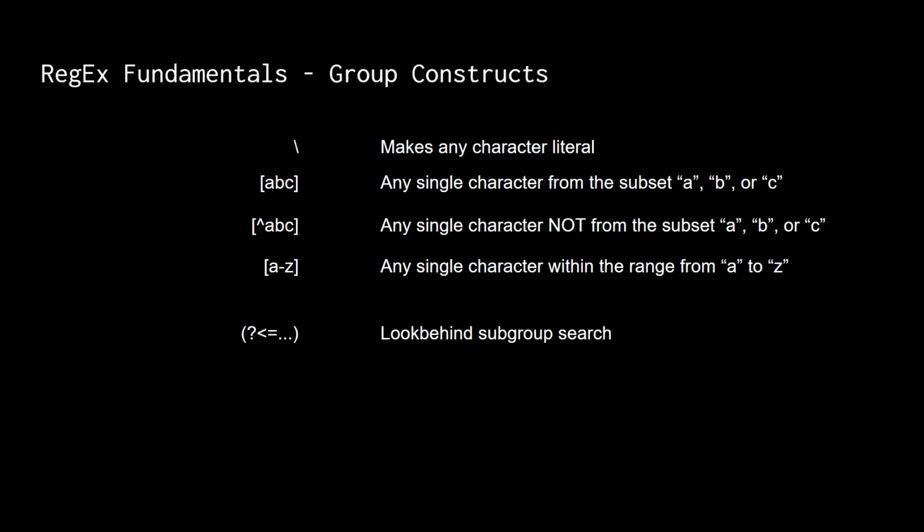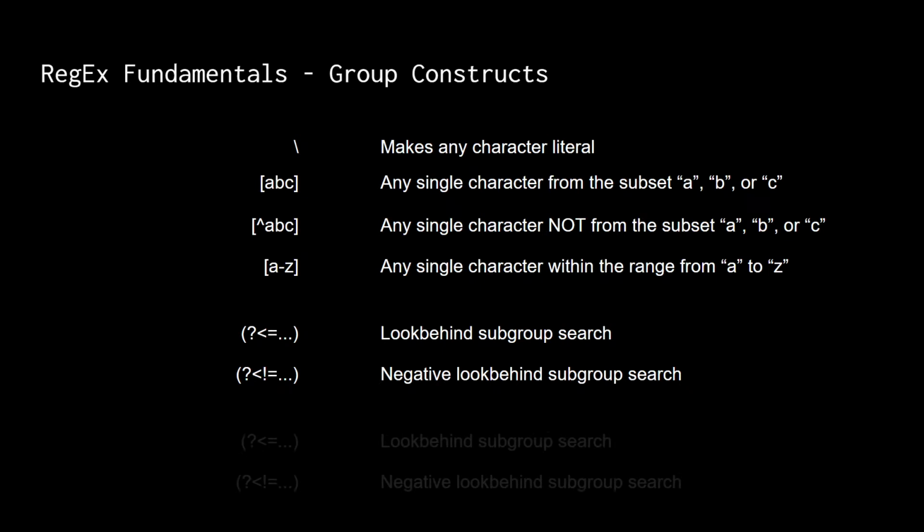Because remember, with that question mark, this look behind group isn't part of the returned string, right? The easiest way to remember this part is a question mark and the angle bracket pointing backwards, right? You say, okay, find a string that has this behind it, looking behind it, right? You specify what's in the subgroup, or you can say, look, find me something that doesn't have this behind me, right? That's the negative look behind.